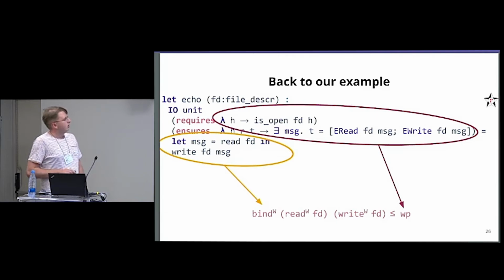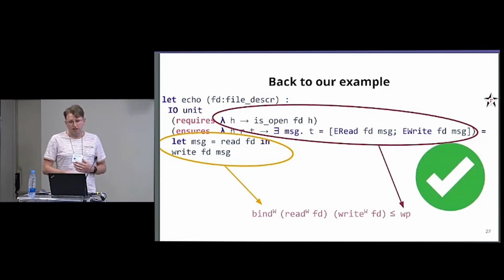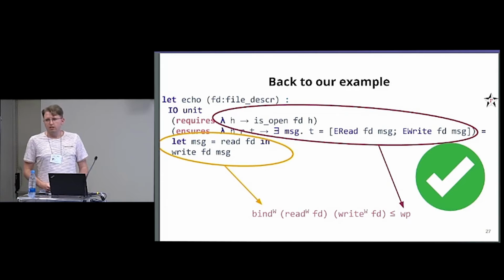And then, doing dependent type inference, it has to check that the specification of this code implies the specification written or given. Then this verification condition is created, and internally F-star unfolds this and sends it to the SMT, and the SMT can prove automatically that this verification condition holds.